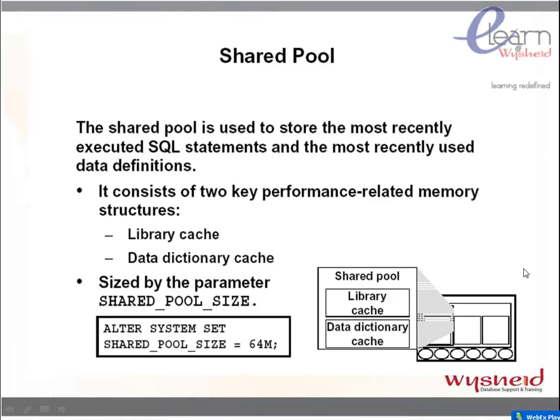As I discussed, whenever the database is created, it creates metadata. That metadata is copied into the memory component known as the data dictionary cache. So when parsing takes place, it uses the library cache as well as the data dictionary cache.